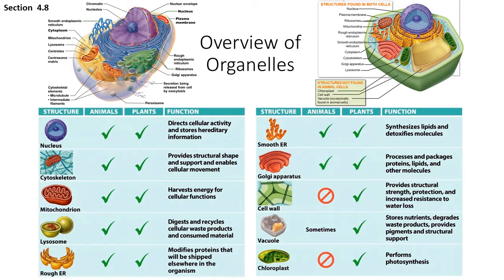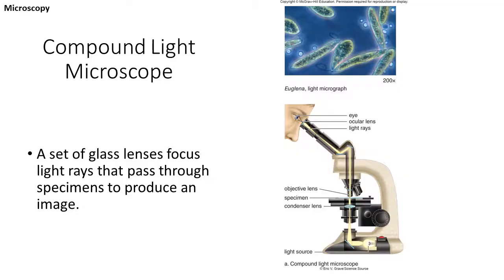In animal cells, vacuoles are sometimes found, but they are found in all plant cells, and they work to store nutrients, degrade waste products, provide pigments, and provide structural support. And the chloroplasts perform photosynthesis, and they're found only in plant cells and some prokaryotic cells.